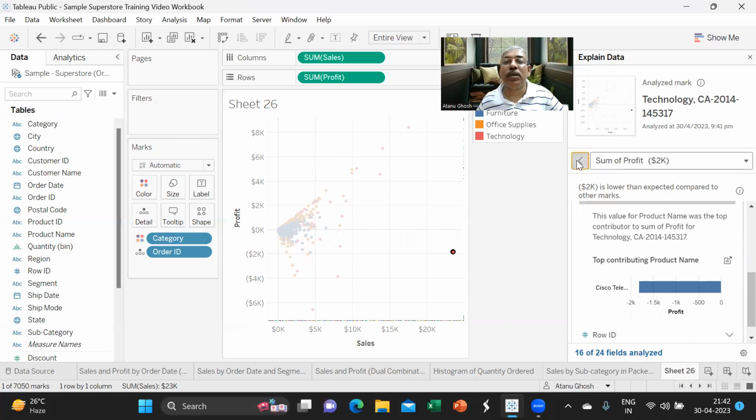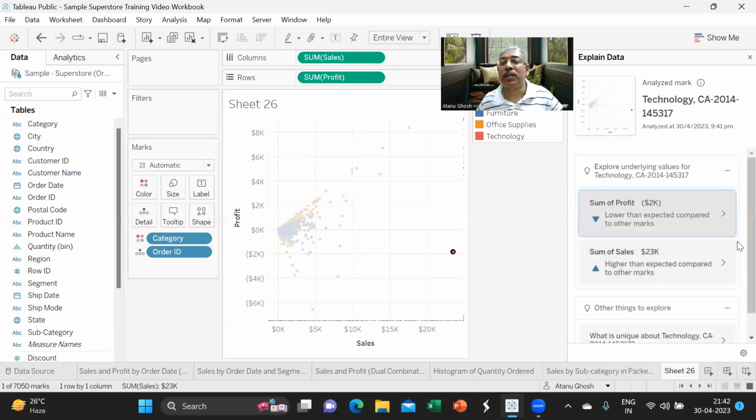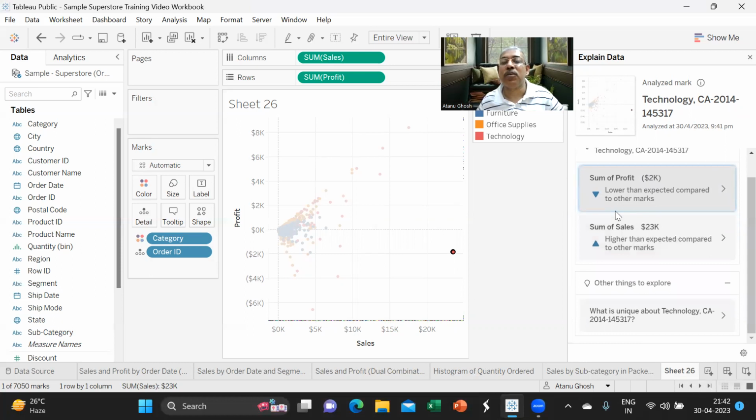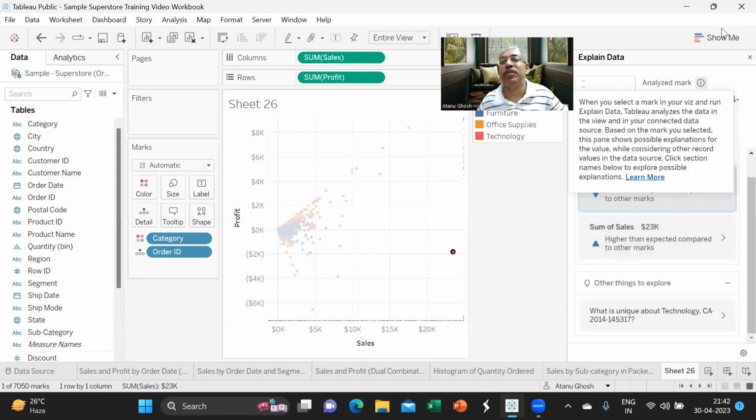These are usually things that managers will investigate, because why would you sell something at a high value when you're not earning any profit? There may be some long-term interest, maybe a very loyal customer, but we need to know the reason.